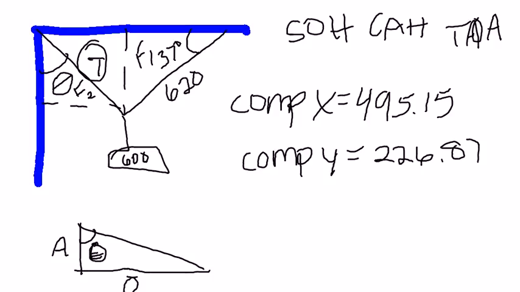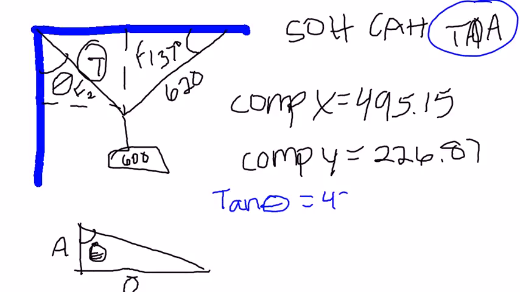With this, you want to use tangent, so TOA. Tangent of theta is equal to opposite, which is the x component, 495.15, over adjacent, which is the y component, 226.87.